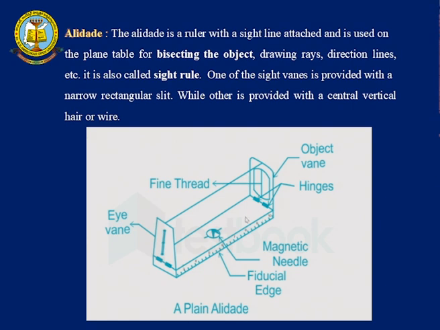There will also be a fiducial edge. The fiducial edge is a scale, and you have to draw the lines along it.